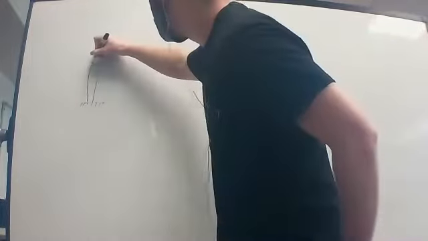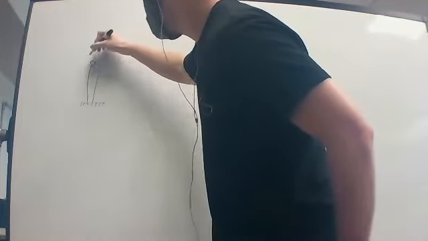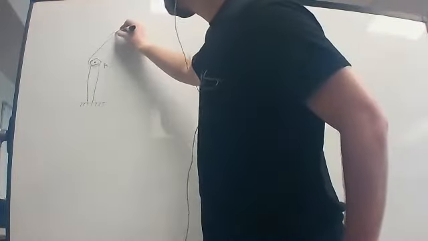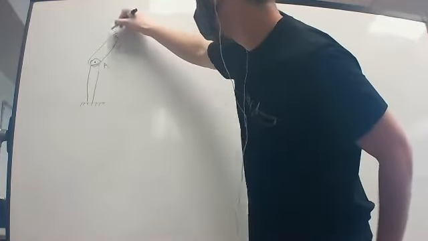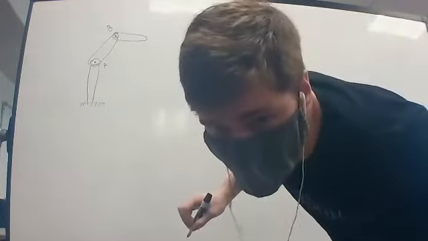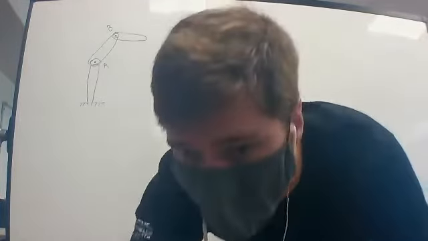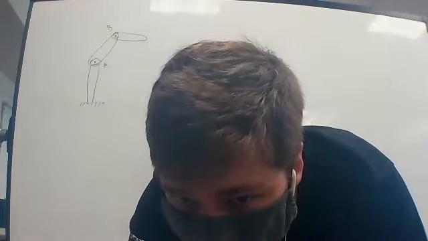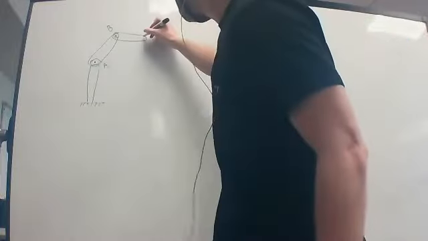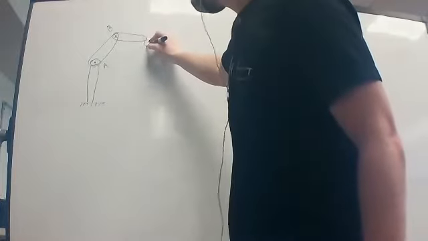And we have our point here, A, that has an arm that goes out to there with a connection at B that goes out to C. And has some kind of hanging thing here.